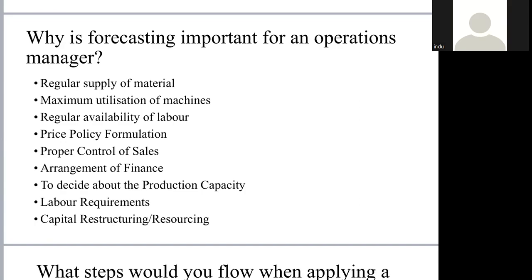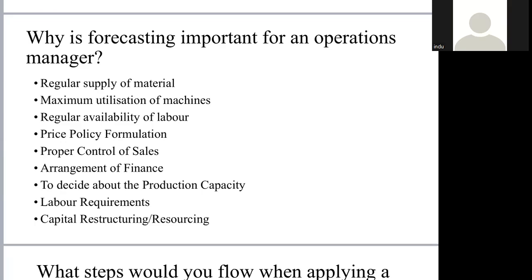So when planning whether the machines have to be utilized fully, right? All these relevant decisions can be taken based on forecasting.